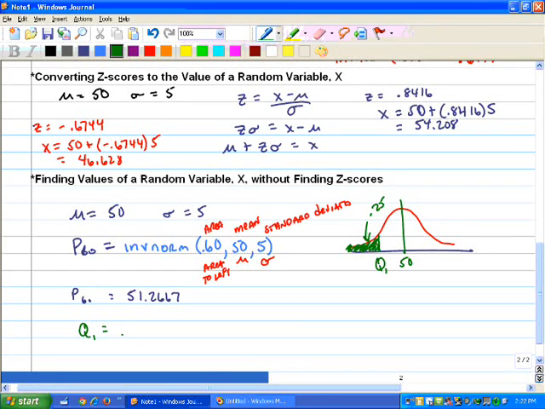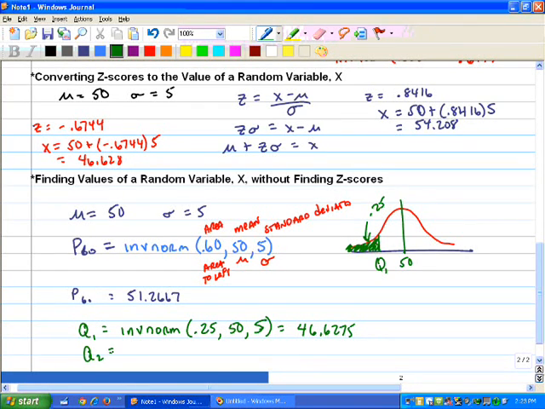So here we're going to do inverse norm. 0.25 is the area we're looking for. Our mean is still 50. Our standard deviation is still 5. We type that in the calculator. Second, vars, inverse norm, 0.25, comma, 50, comma, 5, enter, and we see the value for Q1, 46.6275.